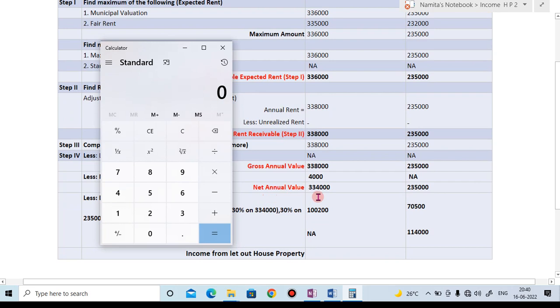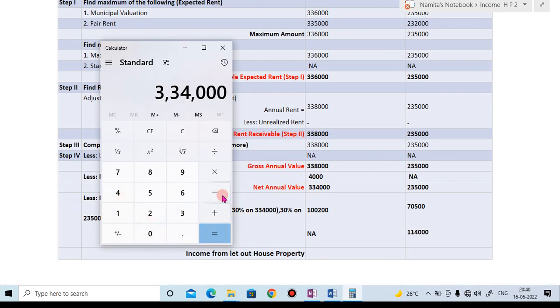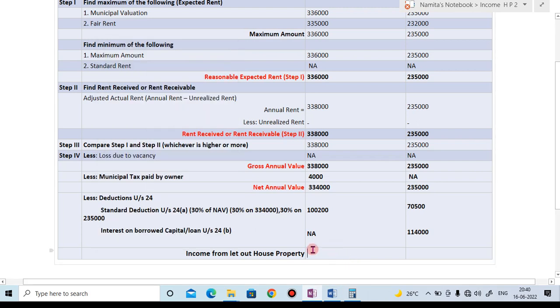So net annual value is 3,34,000 less 1,00,200. So the amount is 2,33,800.